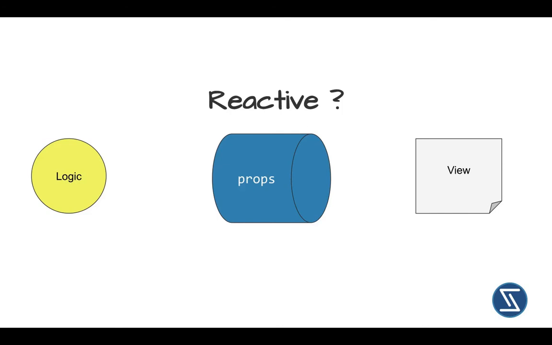Reactive. What do I mean by that? Let's say we have some logic, we have some view, that's our component, and we have these props. Skate has only a single source of truth, like React, and those are props. So if some logic is executed and the component gets new props, we trigger a re-render, which is performant like Fiber does.